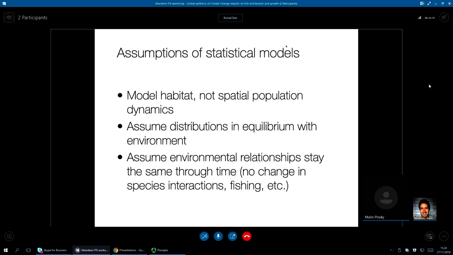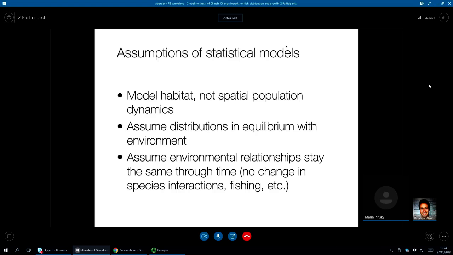Actually, I think in many cases, it's going to be a very difficult research problem to go from physiological limits in the lab out to species distributions in the field. One of the other assumptions is that the observations and the species distributions are in equilibrium with the environment.